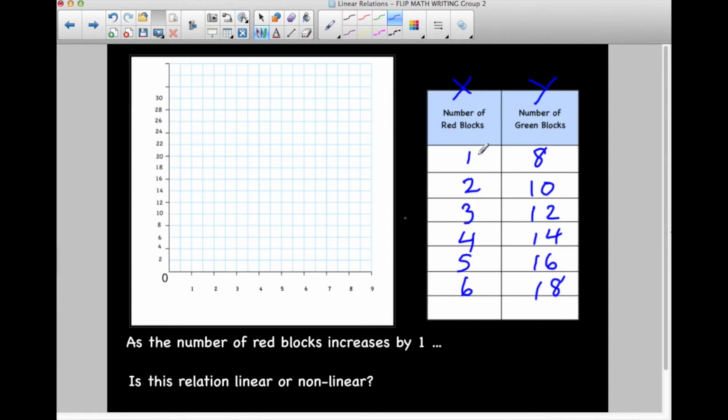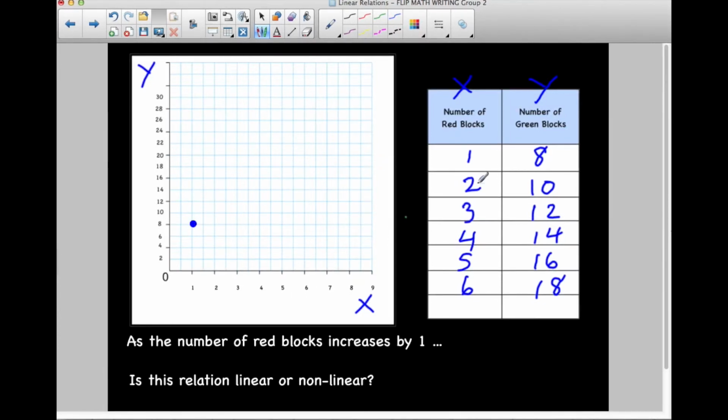If I plot the point 1, 8, I need to let x represent the number on the horizontal axis and y represent the number on the vertical axis. This will allow me to plot my points. Our first point is 1, 8: 1 for x and 8 for y.